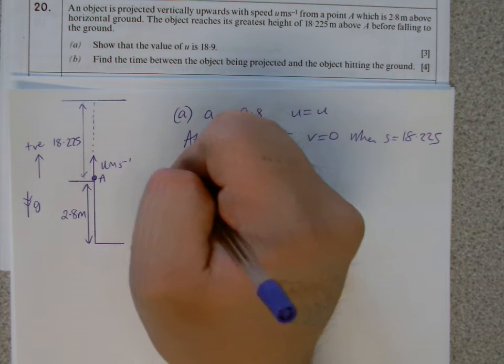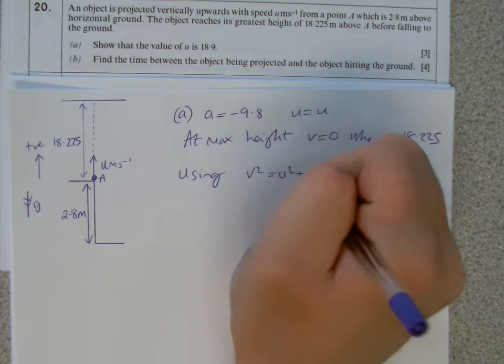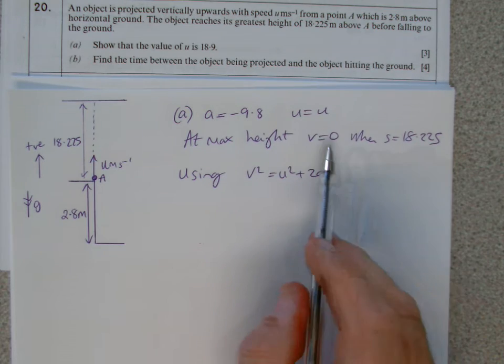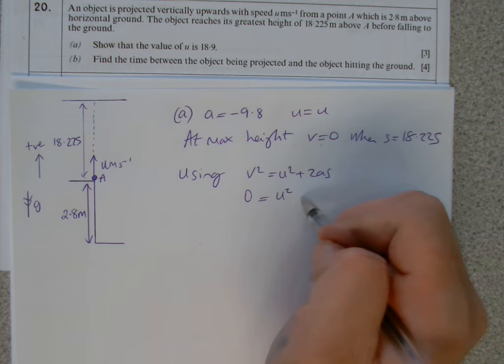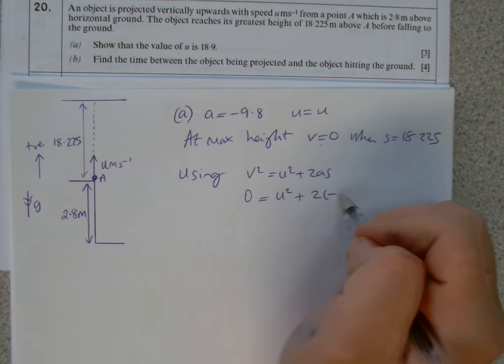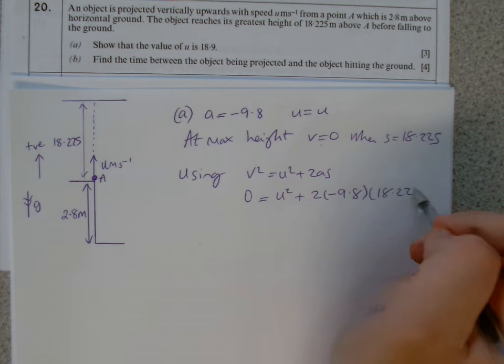I'm going to use v squared equals u squared plus 2as. So v squared is 0 squared, which is 0. u squared, we don't know. 2 times a, which is minus 9.8, and s is 18.225.